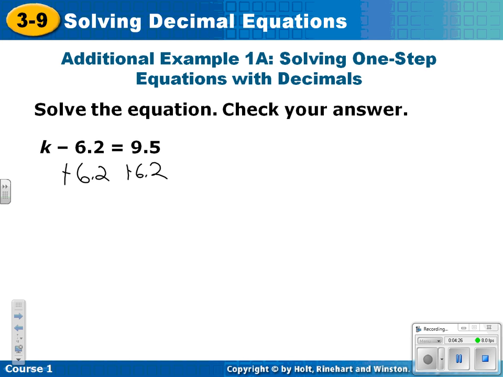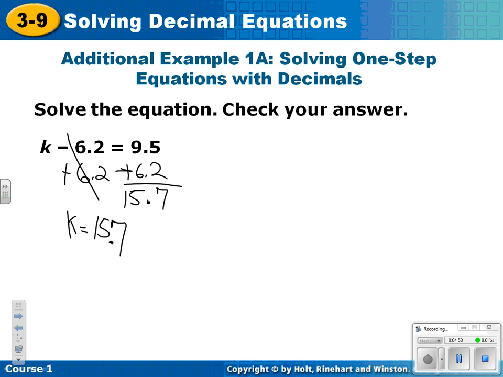Remember, keep it lined up. K equals. Do my addition. Remember, I'm doing addition here. We're going to go 7. We're going to go 15. And the dot's going to go right there. Right? 7, 15, dot goes straight down. Okay? Keep it lined up.